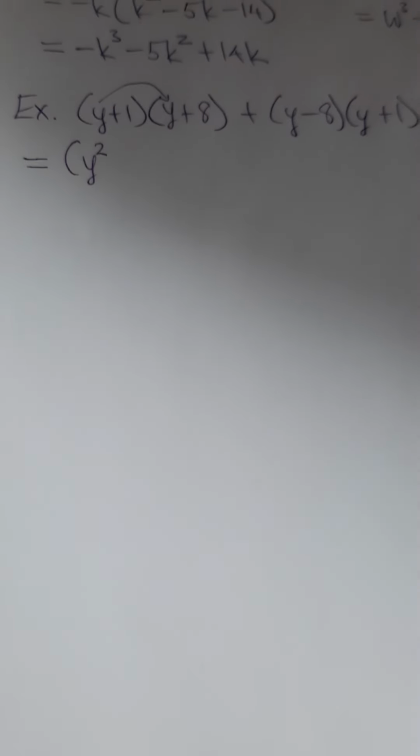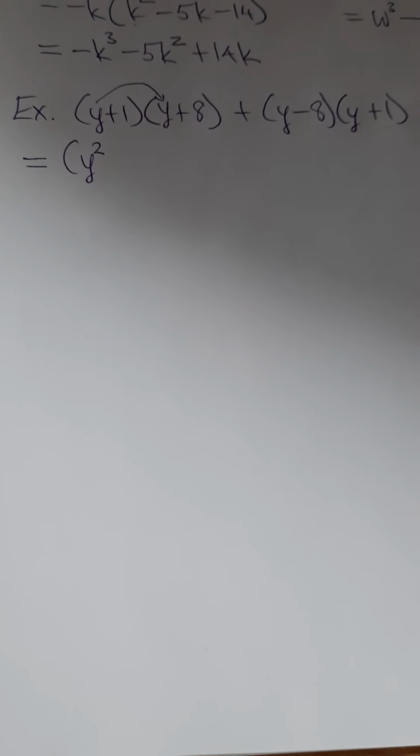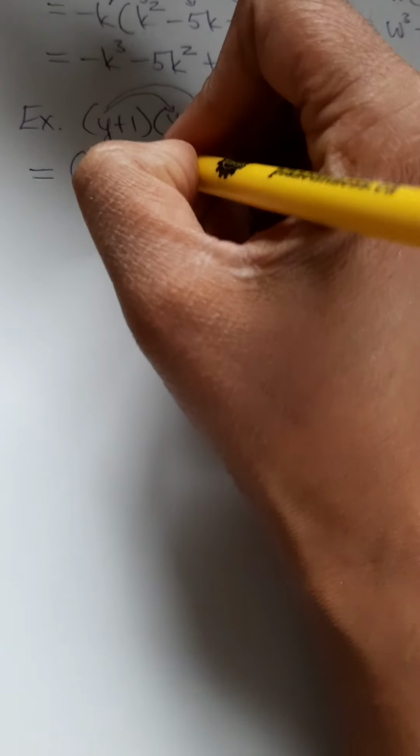So we're doing y times y. And I like to keep it in brackets so we don't get mixed up with the two sets of binomials. And then we're doing y times 8, so plus 8y. Then go to the middle two terms, 1 times y, plus 1y. And lastly, 1 times 8, so plus 8.